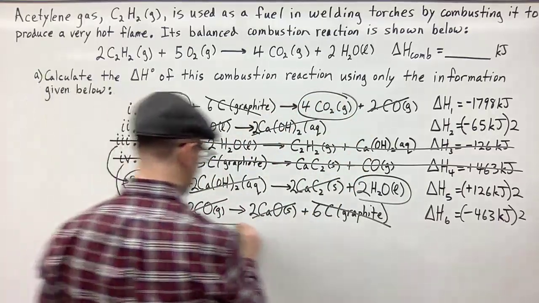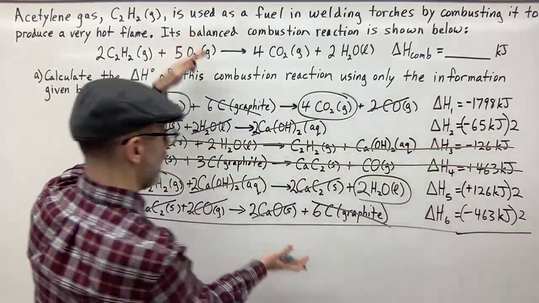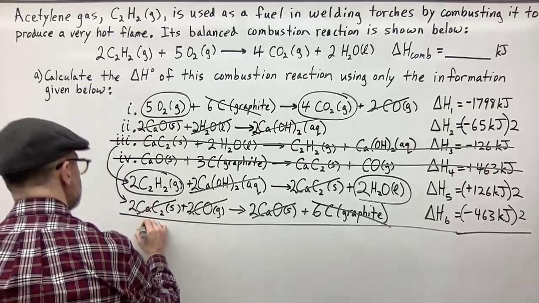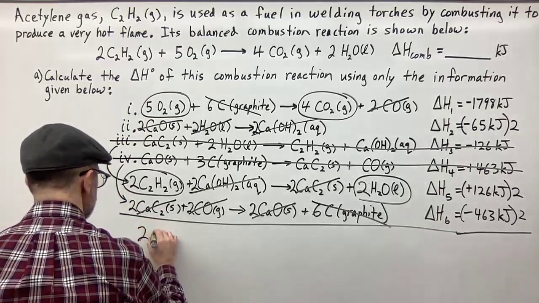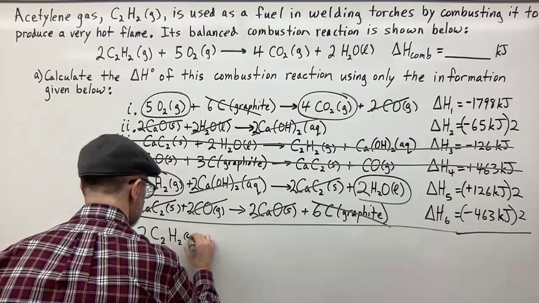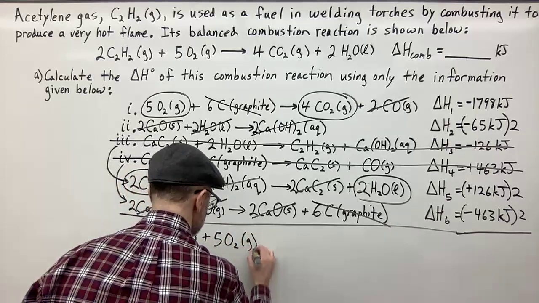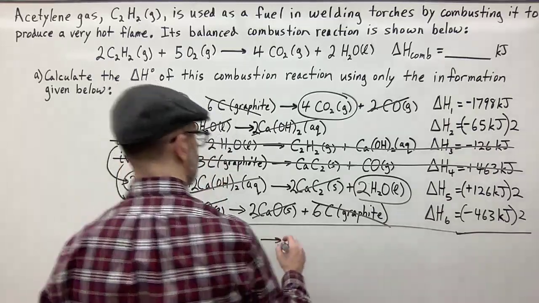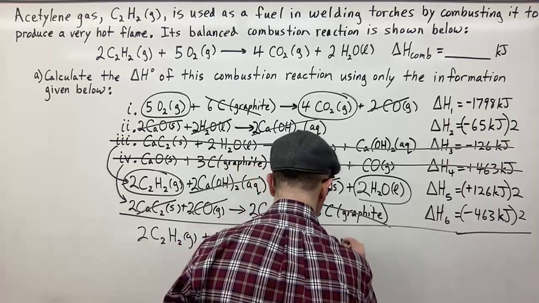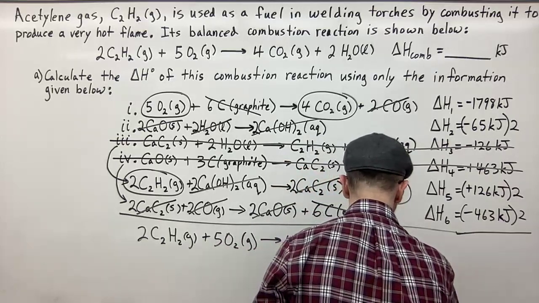So if I add these together, then I get 2 C2H2 gas plus 5 O2 gas gives me 4 CO2 gas plus 2 H2O liquid.